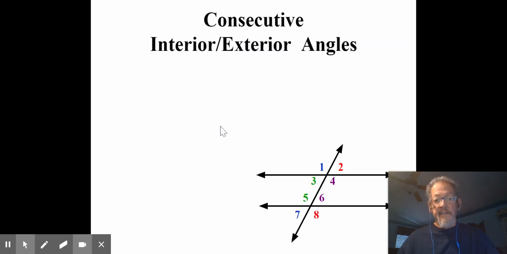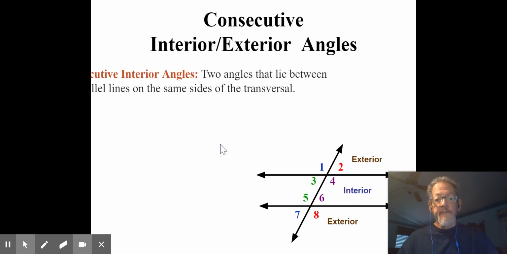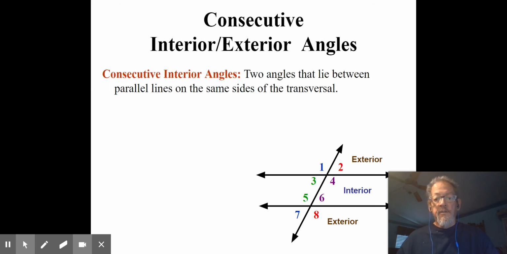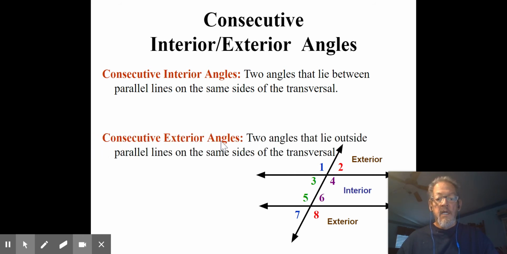Now consecutive interior and exterior angles are supplementary, remember? Consecutive interior angles are two angles that lie between parallel lines on the same side of the transversal. Consecutive exterior angles are two angles that lie outside parallel lines on the same side of the transversal.